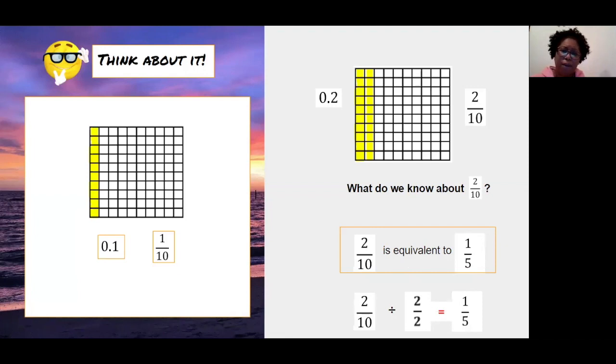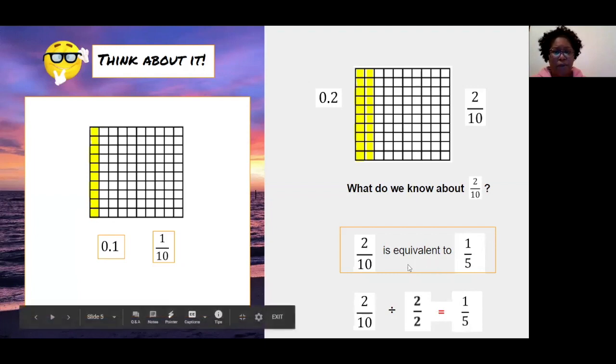We were either given a multiplication strategy to find an equivalent fraction or a division strategy. In this case, we want to use a division strategy to find the equivalent fraction. Okay, so if we divide 2/10 by 2, we come up with 1/5. Awesome. Let's explore that a little more.